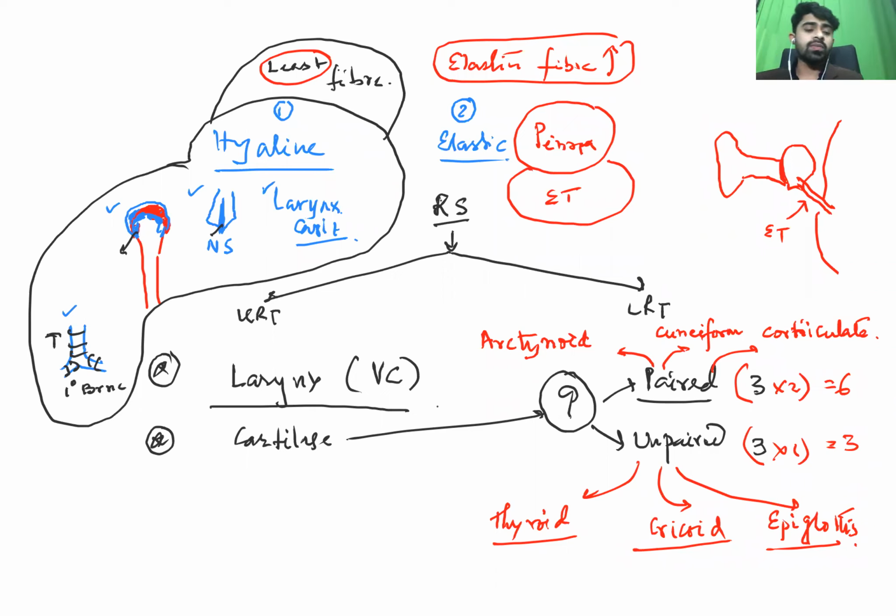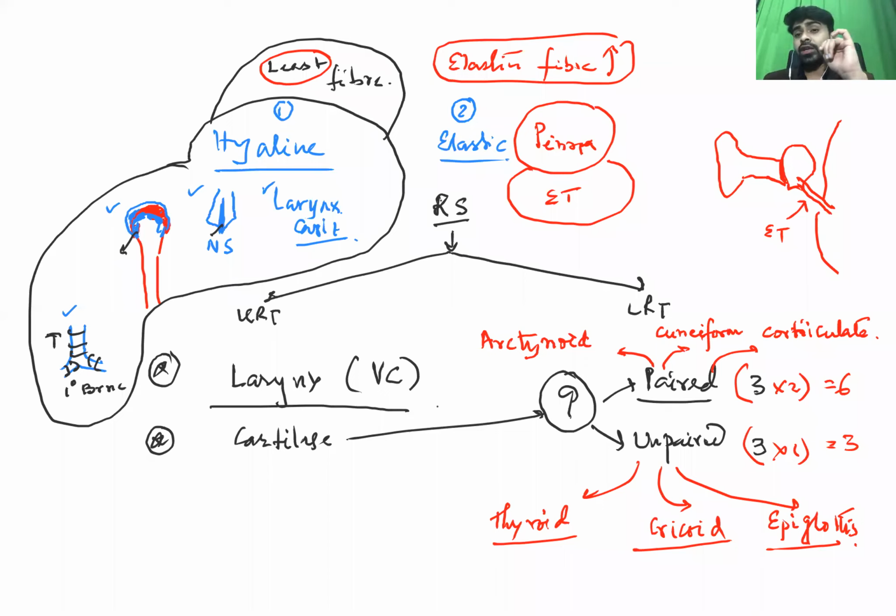When I say it is related with the auditory system, listening or hearing, you have to answer elastic cartilage. That's why we answer pinna and Eustachian tube for the hearing system. Are you getting me? Yes or no?